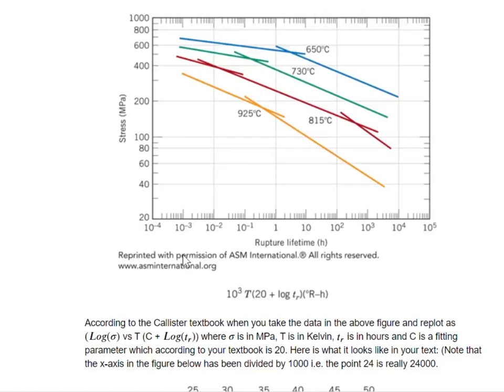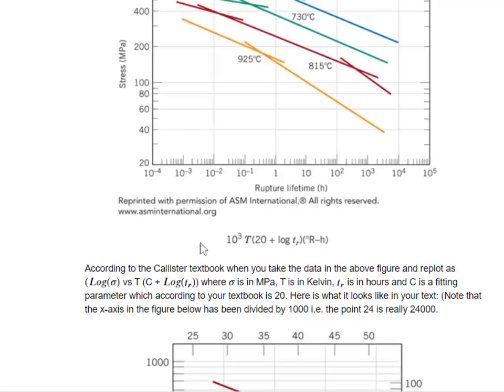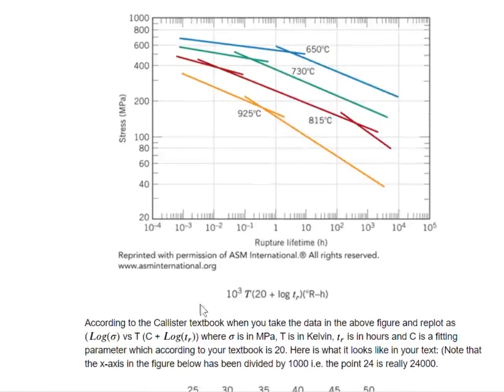All right, so one of the things that the textbook said is that if we were to take this data and replot it, we're going to keep stress over here, but now instead of rupture lifetime, we're going to take the log of that rupture lifetime. We're going to add to it some constant, which for this problem in your text was 20, and then we're going to multiply that value by the temperature in Kelvin.